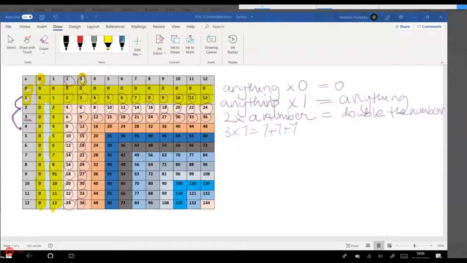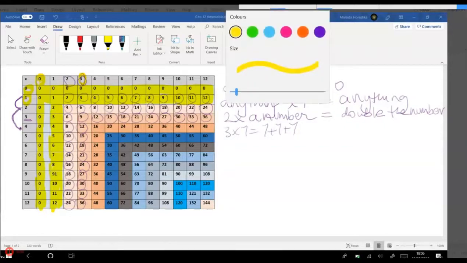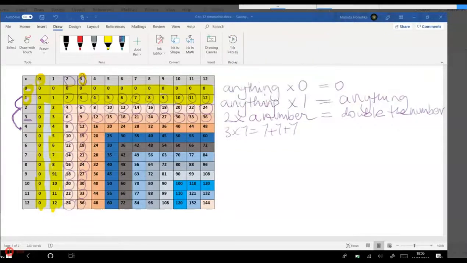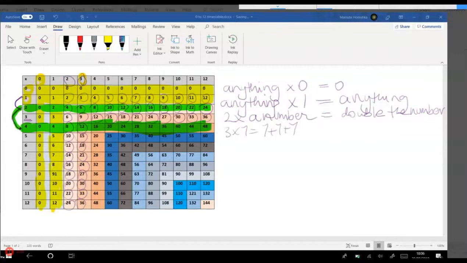If you look at the 2 timetable, you will be able to see that it's half of the 4s, or in other words, the 4s are double the 2s, because 4 is double 2 as well, so 2 times 2 gives us 4, and of course that'd be the case here as well.